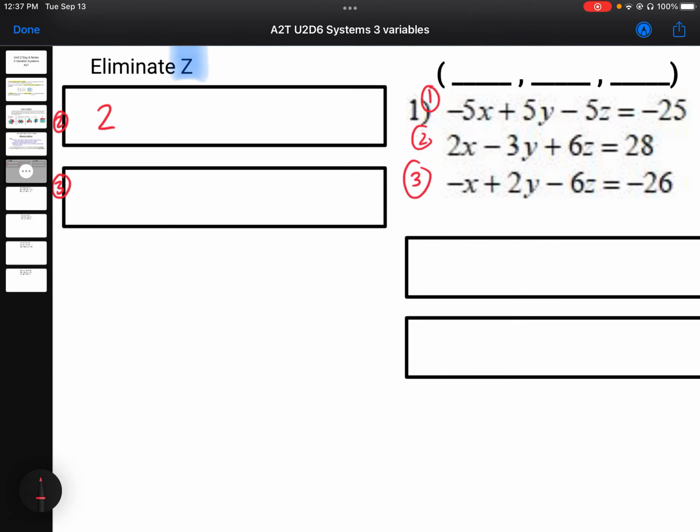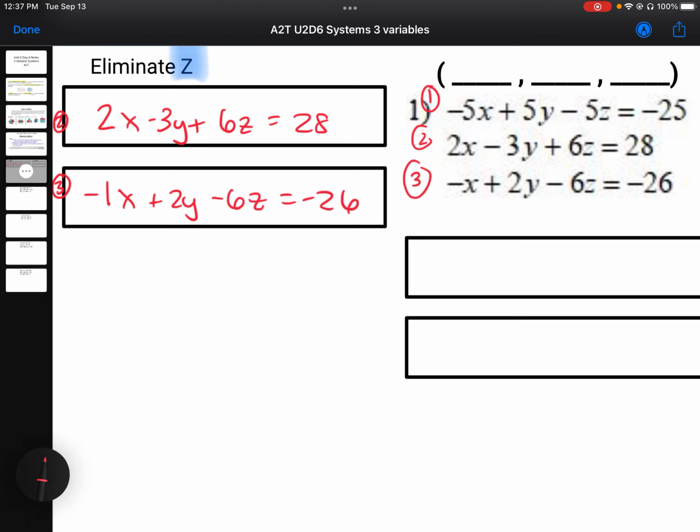Equation 2 says 2x minus 3y plus 6z equals 28. And equation 3 is negative 1x plus 2y minus 6z equals negative 26. Then I will go ahead and add them. If I add them right now, my z's are opposites, so they will cancel. That is the goal. And it's going to create a new equation, equation A.